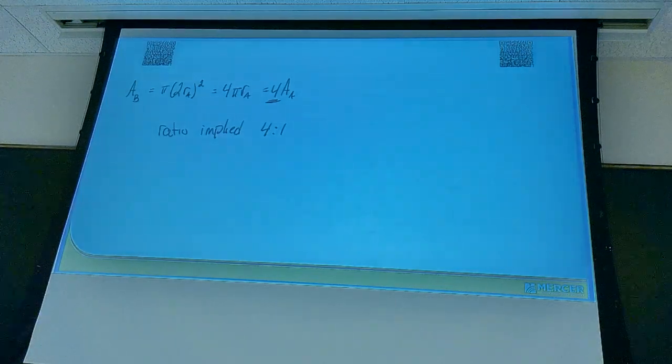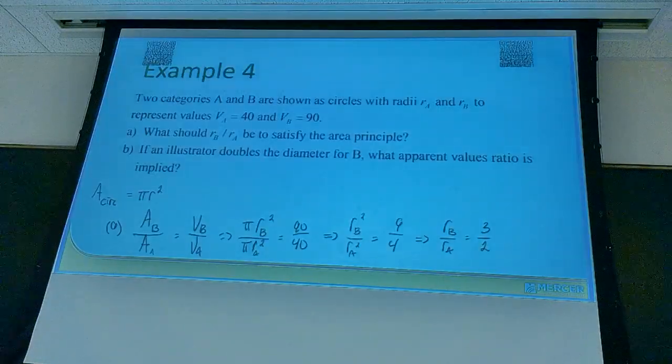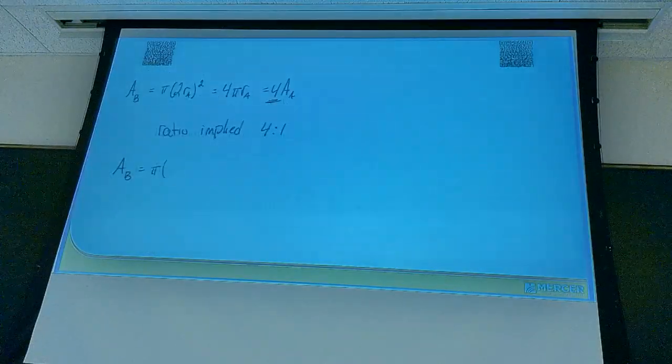Versus what it should really be. Well, we said that the radius of B should be 3/2, 1.5 times larger than the radius of A. So 1.5 squared.